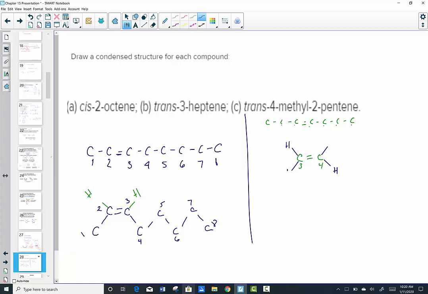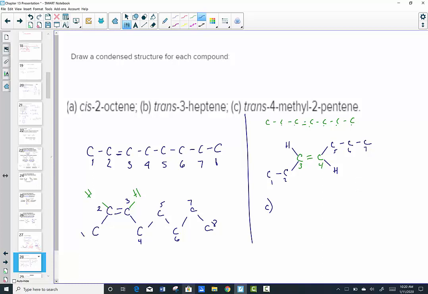So 5, 6, 7. There is the trans configuration of 3-heptene, opposite sides for trans. And then, just to think that through, these would be up, down between 5 and 7. It's up, down, any single bond.